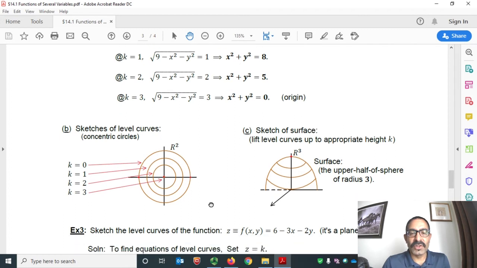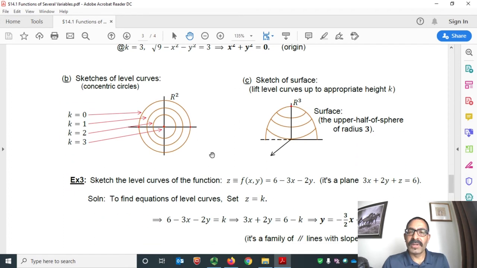And then let's draw the corresponding surface. Let's pull all these circles upward. Then this forms this shape. I hope it makes sense to you all. So the origin goes to this north pole where the center lives.